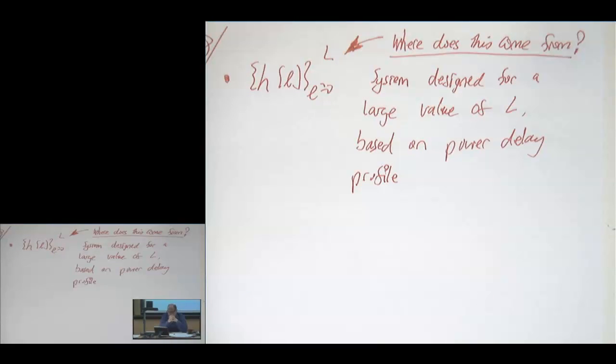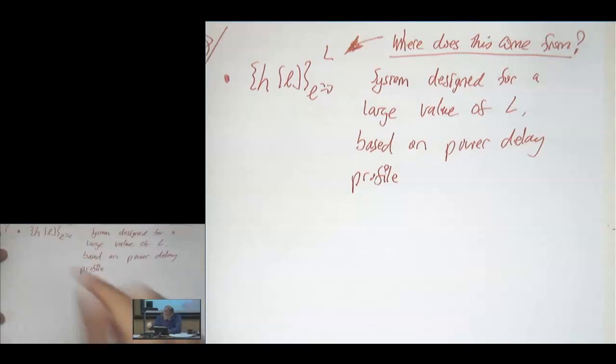There's AIC, minimum description length, different statistical approaches that, based on the data, will help you figure out what the right L is. But we're not doing system identification. We're designing a system, and for that system design, the L typically has to be known somehow in advance. So that's where the L comes from.